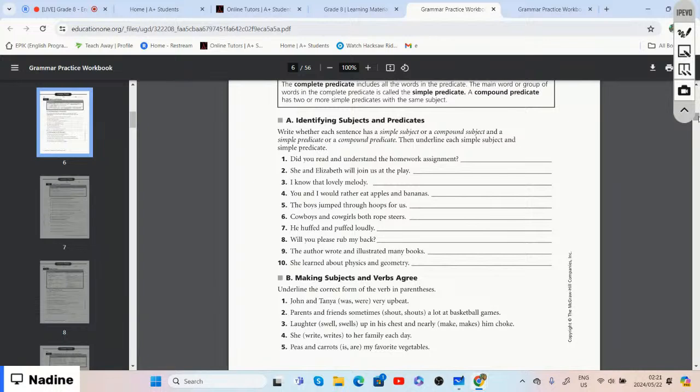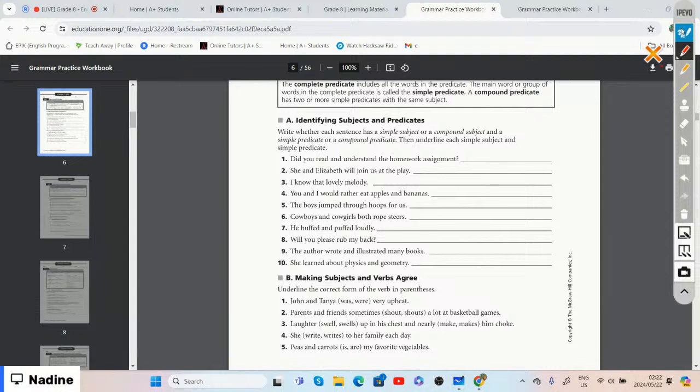And we can say this is just a simple subject. She and Elizabeth will join us at the play. So this is a compound subject.